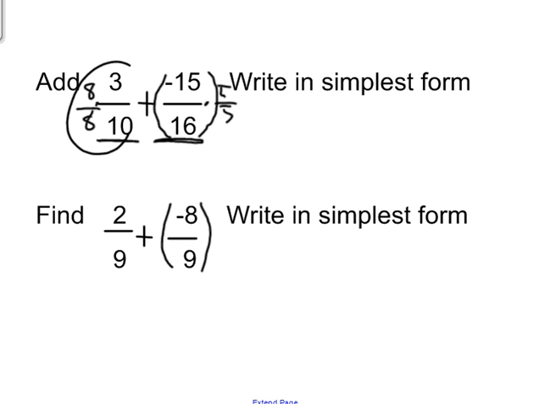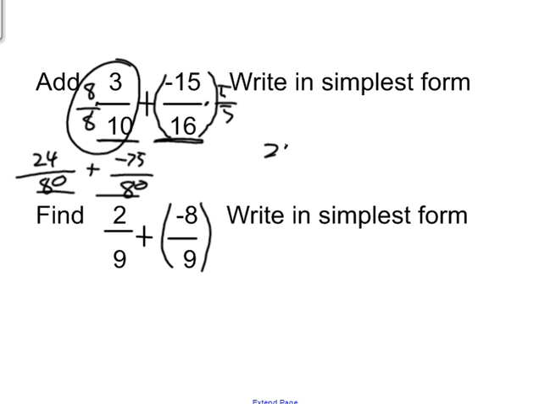So this part of the fraction becomes 8 times 3 is 24, and 8 times 10 would be over 80, plus a negative 15 times 5, which would be a negative 75, over 16 times 5, which would also be 80.